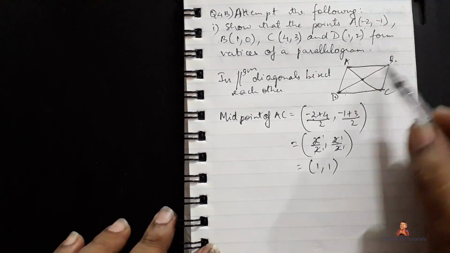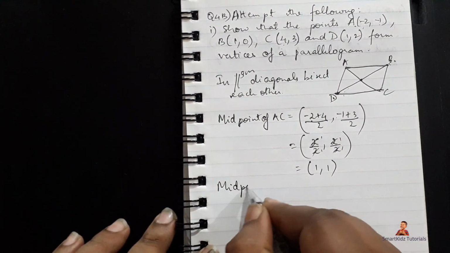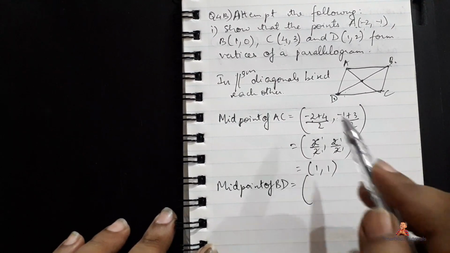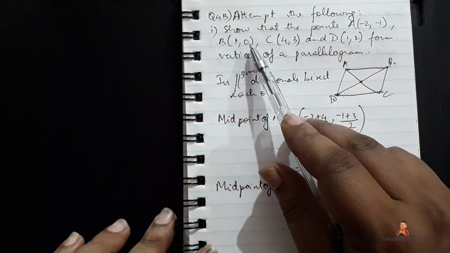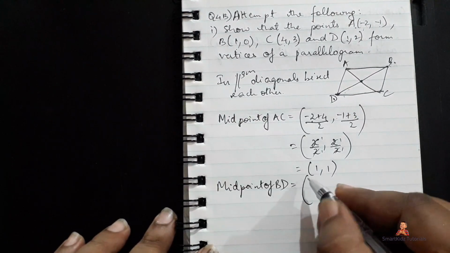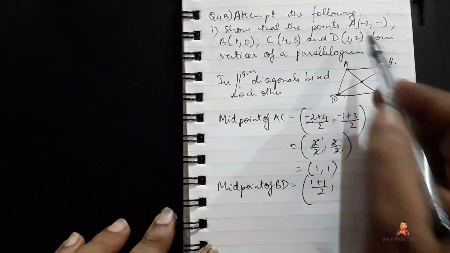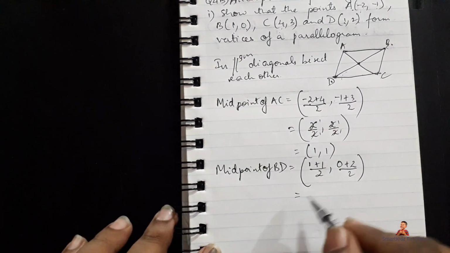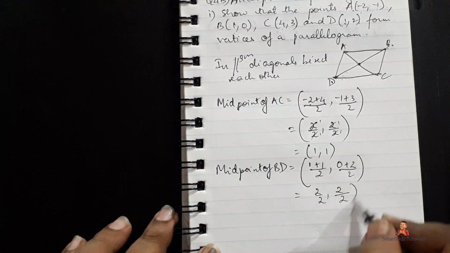Similarly, we need to check the other diagonal, that is BD. The midpoint of BD, with the same formula, is 1 plus 1 upon 2, comma, 0 plus 2 upon 2. 1 plus 1 is 2 upon 2, comma, 0 plus 2 is 2 upon 2.